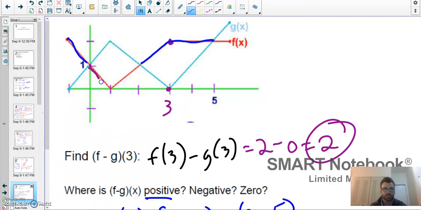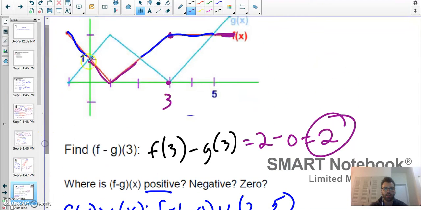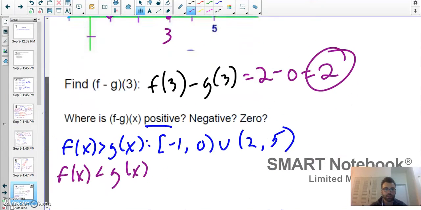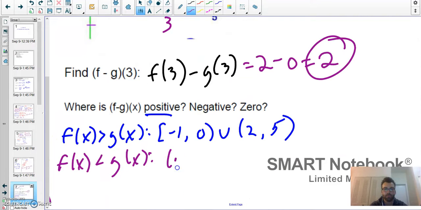Well, f of x is less than g of x from here to there, and then on this part here. Okay, so that looks like from 0 to 2, and then from 5 to, we'll call that 6. So from 0 to 2, pick it back up. There you go. From 5, and then I guess we can include 6. All right.